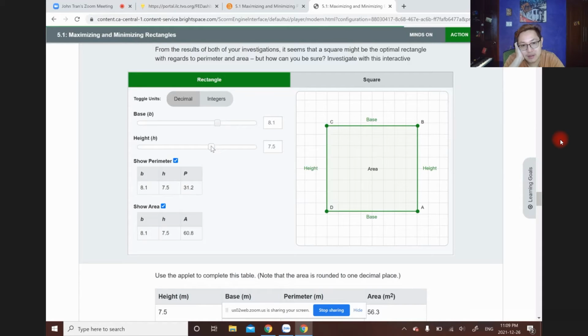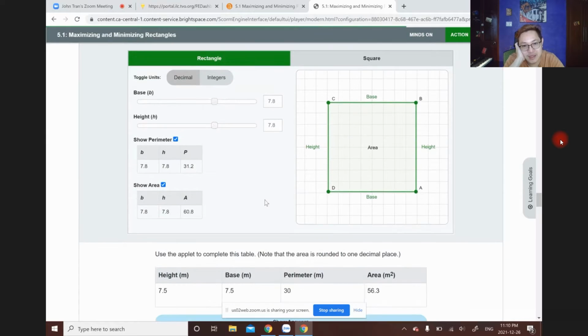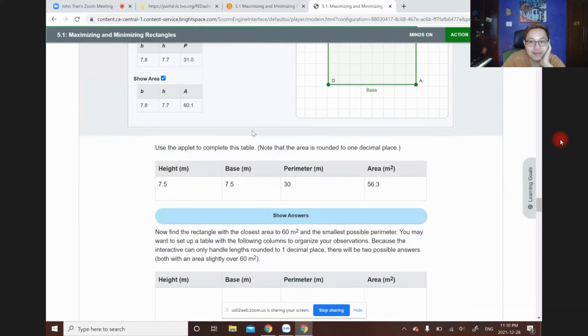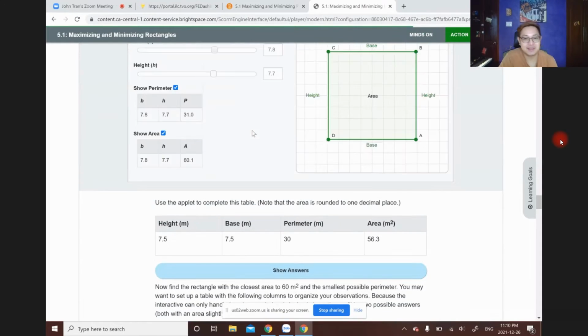So maybe just decrease the base a little bit, to 7.8, and increase the height a little bit, like 7.6. Maybe 7.7, let's say. This is the nearest, 60.1. It's very, very close already.